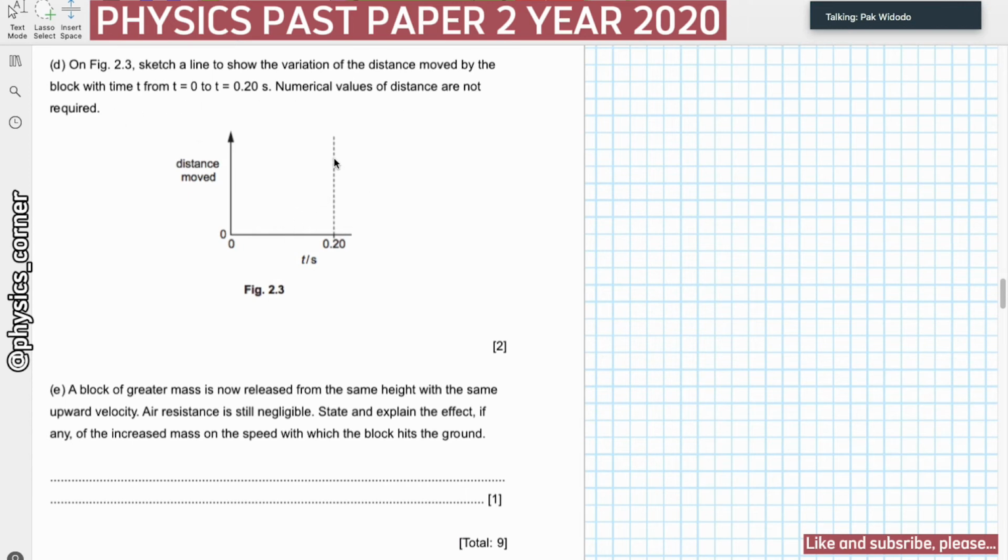Until 0.20. Actually they have a formula, when you still remember: h equals ut minus a half gt squared.